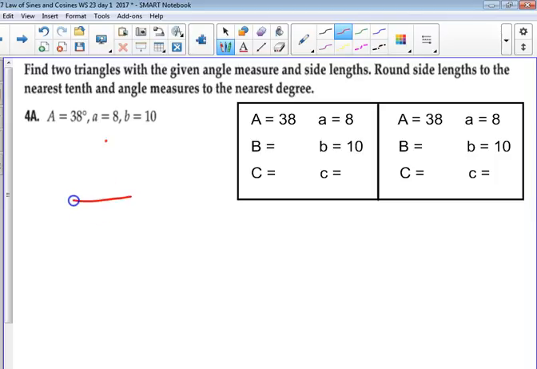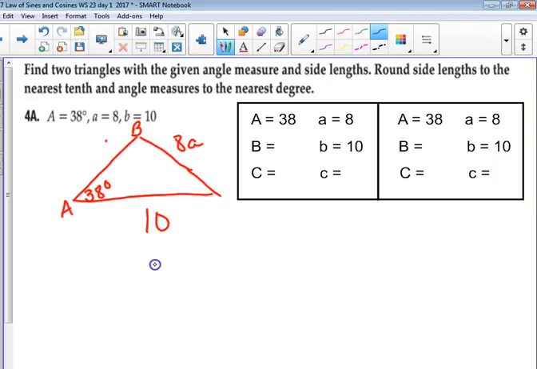All right, it says side B is 10, angle A is 38, and across from here is an 8. I don't know if it's touching or not, but that's all I have. Okay, B, A, little a. Now what?